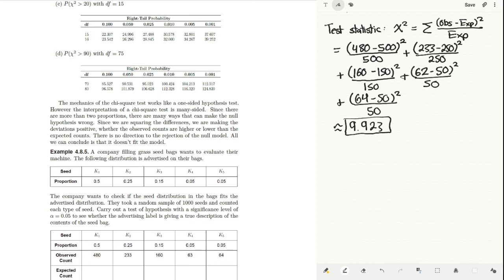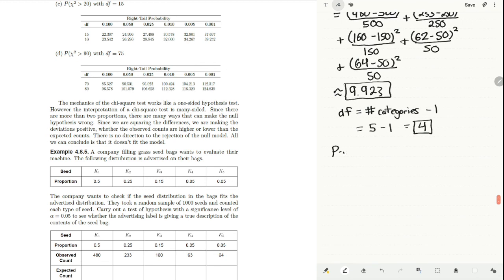Now we also need to determine which sampling distribution model to use to find the p-value. We need to determine the degrees of freedom, which is the number of categories minus 1. Here we have 5 different types of seeds, so there are 5 categories, and the degrees of freedom is 5 minus 1, which is equal to 4.